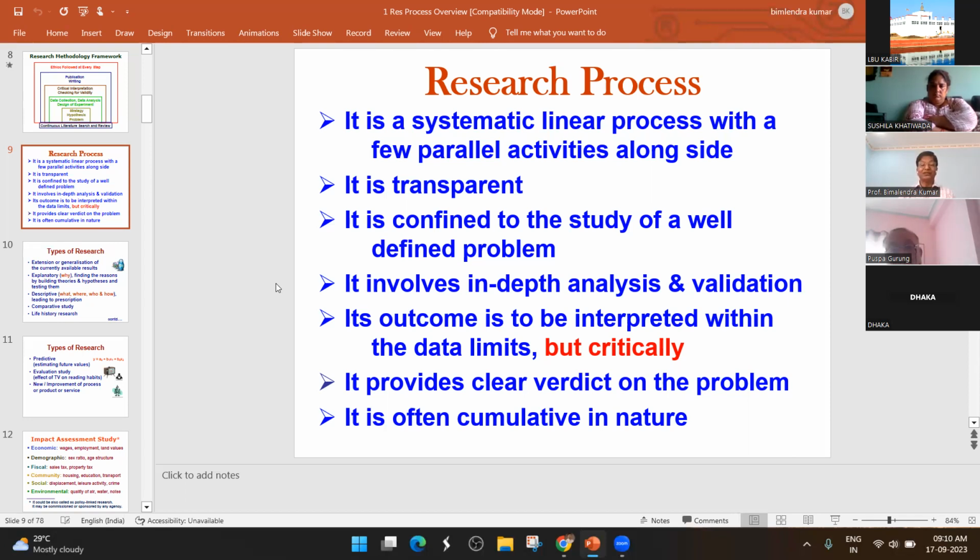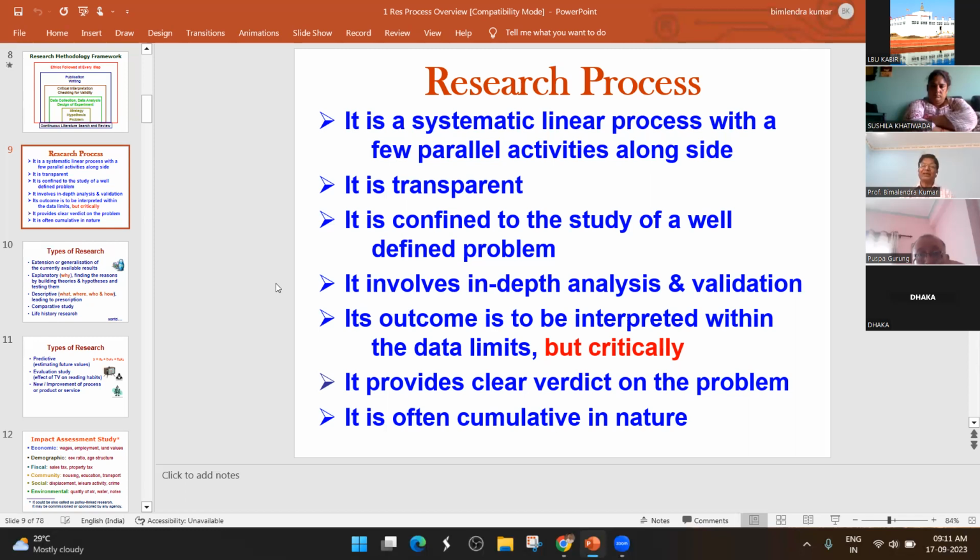There must be a systematic linear process, and there must be activities such as attending seminars, conferences, symposiums, and other things. These are some of the activities of research scholars which can be done along with collecting the research materials as well as writing critically or interpreting the concepts in a scientific manner. There must be transparency.